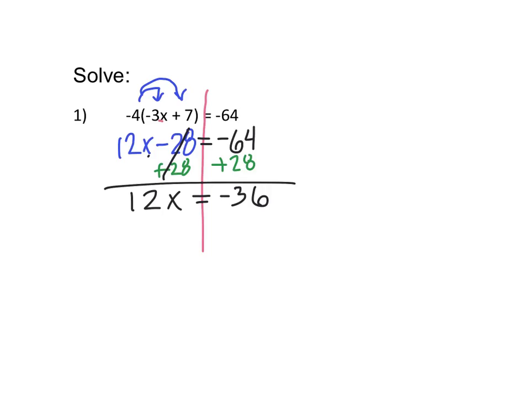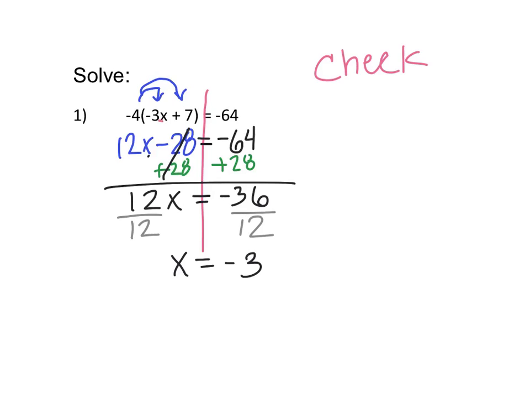Our last step is going to be to divide everything by 12 so that x is now isolated, and we get x equals -3.